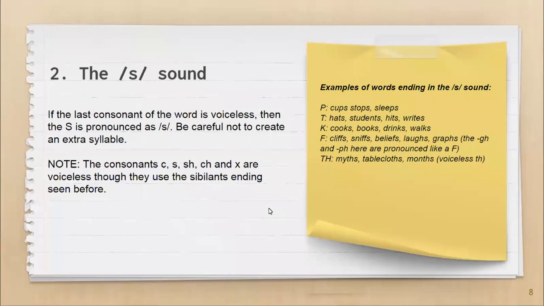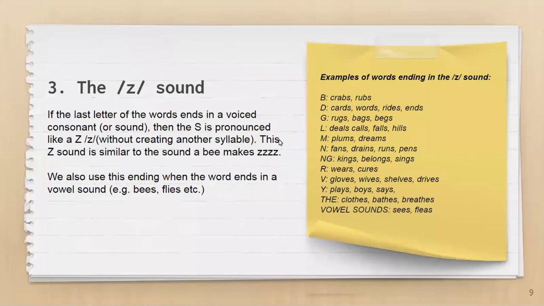Now let's see the last sound. Aníbal? Yes, so the Z sound is if the last letter of the word ends in a voiced consonant or sound, then the S is pronounced like a Z without creating another syllable. This is similar to the sound a B makes. We also use this ending when the word ends in a vowel sound, like for example beef and flies.